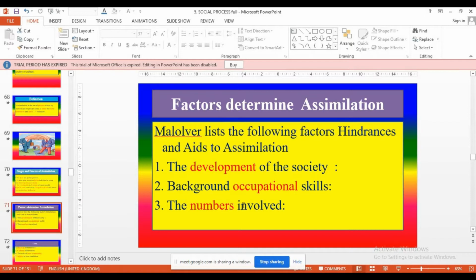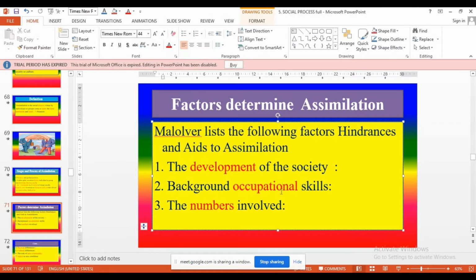Second one, occupational skills. Occupation means job. If we have good skill in our job, we can easily assimilate with each other. It means sharing knowledge with others. But lack of occupational skill may cause hindrance or resistance to assimilation.